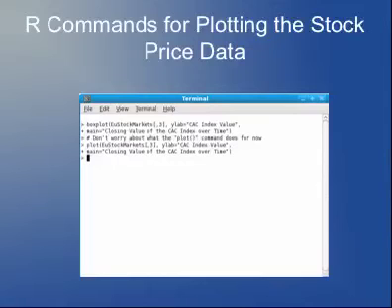If you want to do the time series plot of this data set, the command is just called plot. Once again, I do the square brackets 3, give it a y label, and a graph header.